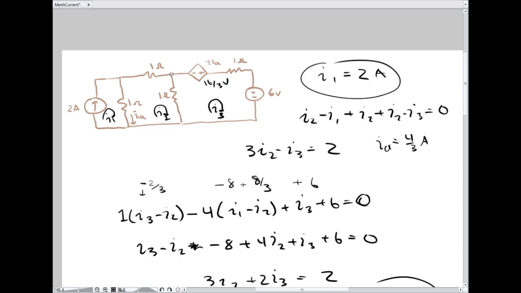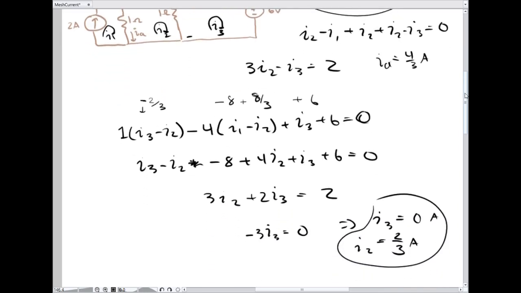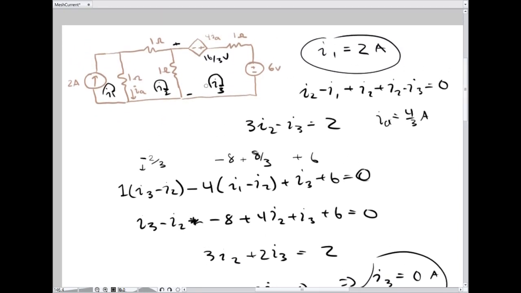And this voltage right here is just I2 minus I3, which is 2/3. So we have 2/3 going up. We have 16/3 going up some more. So that would be 18/3. So from there to there is 6 volts. So there's no voltage across this resistor because it's 6 volts on both sides. So there's no current going through. Okay.